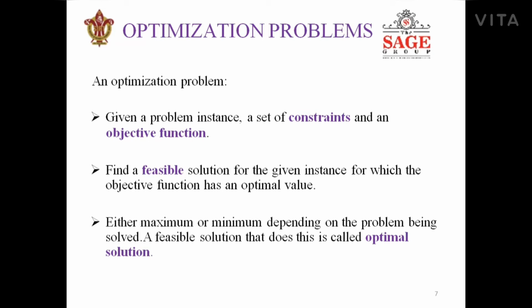Optimization problems are always of two types, either maximum or minimum, depending on the problem being solved. A feasible solution that does this is called an optimal solution.